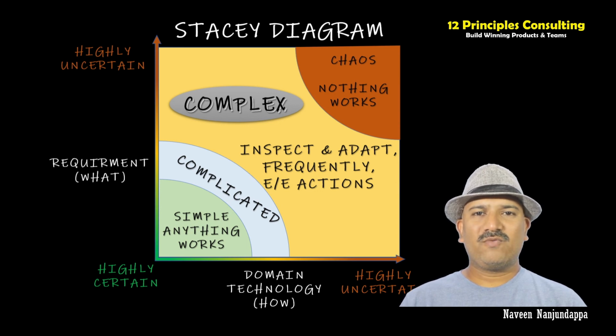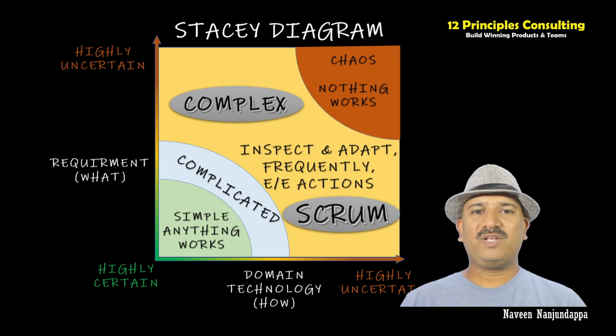When we start looking at inspect and adapt and the frequency of inspect and adapt, what comes to our mind is the Scrum framework. And we just noticed that in Scrum, everything is related to inspect and adapt and the frequency. So we can get to a point where the Scrum framework is best suited for a complex zone.